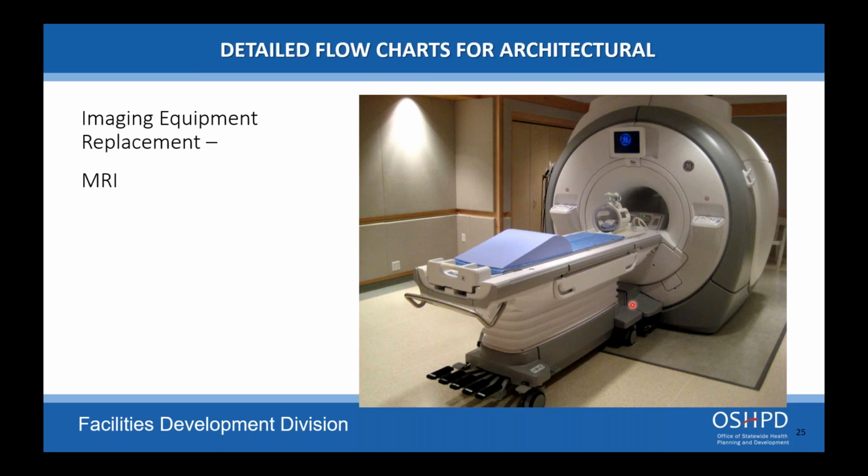That's required for the equipment replacement. But if you have to remove the walls to relocate them to get the clearances required, that is no longer an imaging equipment replacement only. That's considered an alteration and would need to be brought up to current code. Same with the slab. If you have to demo the slab to do this and put a new slab in, that goes beyond the imaging equipment replacement requirements.